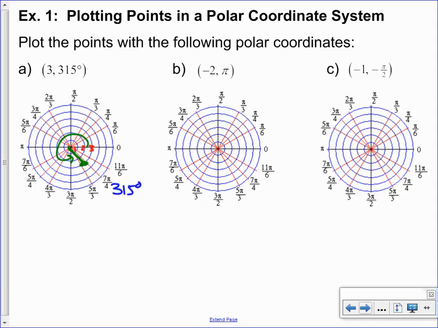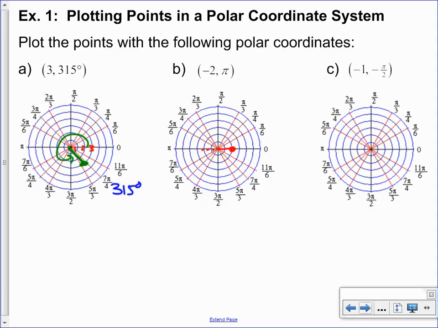Where is that? Very similar to that. Okay. So here's the deal. The angle is over here, right? And the radius is -2. So you would think that it would be over here, right? But you have to flip it around.